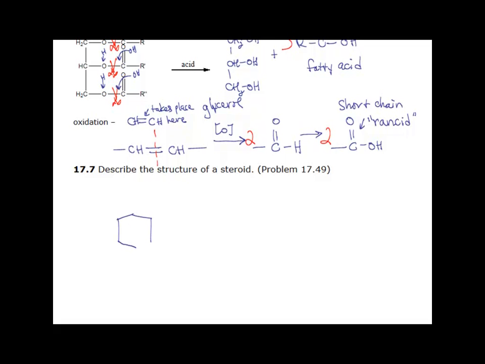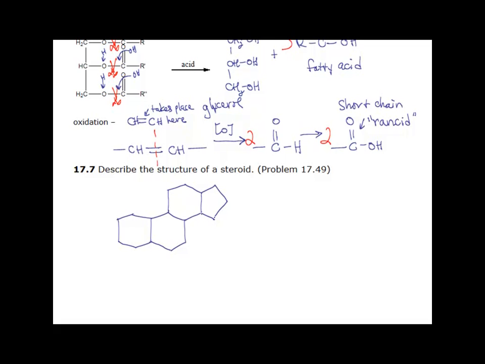So it's a cyclohexane ring fused to another cyclohexane ring, fused to another cyclohexane ring. It's kind of off the top right. So it's 3 6-membered rings and then 1 5-membered ring. So 3 cyclohexanes, 1 cyclopentane.